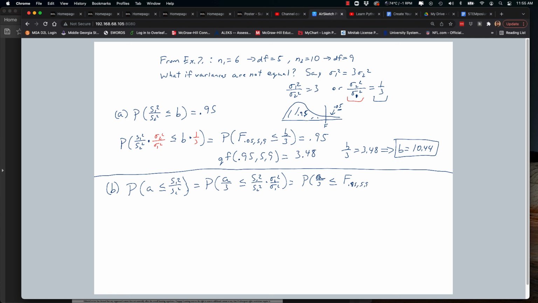So the degrees of freedom stay the same for the numerator and denominator. And we want to know when that equals 0.95.